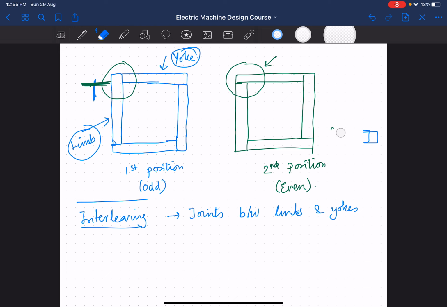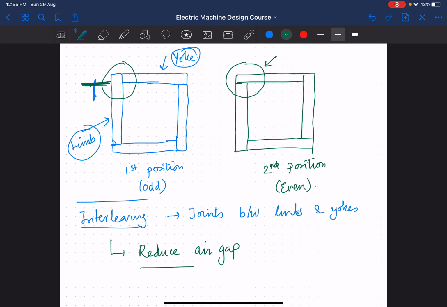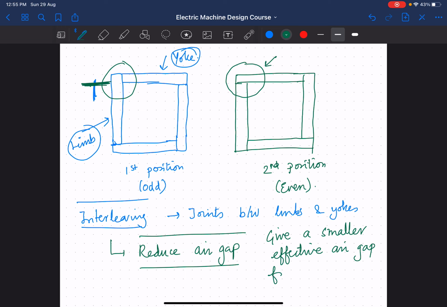Why is this interleaving done? This interleaving is done to reduce air gap. By this process of interleaving, you basically give a smaller effective air gap for the flux to jump.